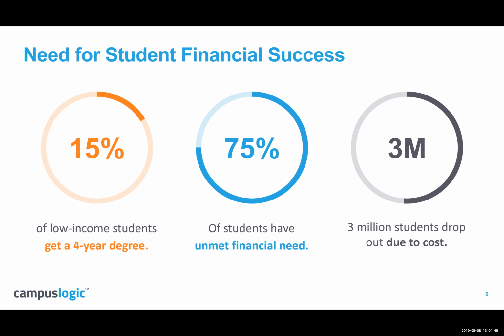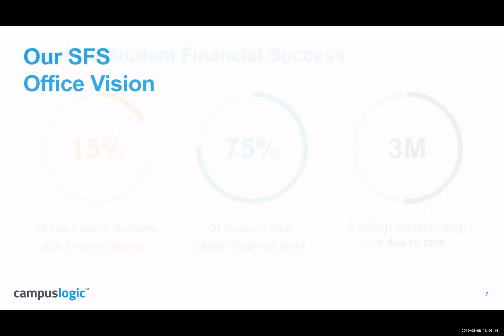I focus on this number over here on the right, which was based on a study done 2 years ago that showed that approximately 3 million students drop out of higher ed each year. And the top 10 reasons all relate to some friction point in the funding journey. And so there is definitely a need to help students with the financial aspect of their education.